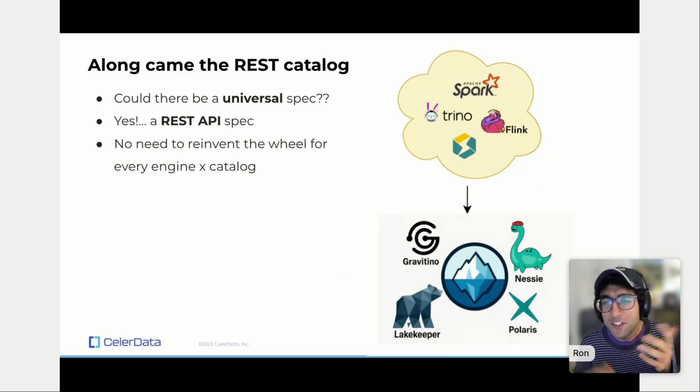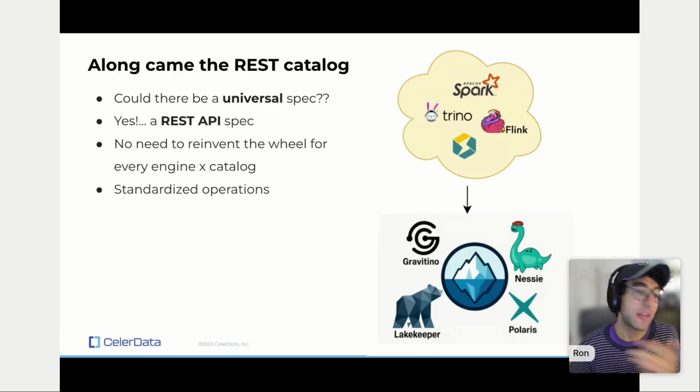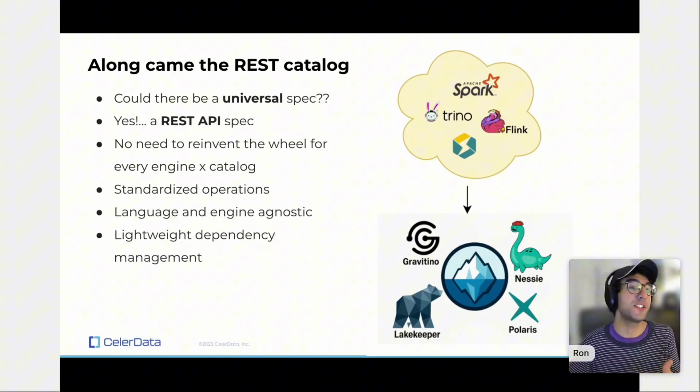So when you have an HTTP spec or an HTTP endpoint, you don't really need to reinvent the wheel for every engine and catalog. You have standardized operations, it's language and engine agnostic, and you have very, very lightweight dependency management. You don't have to start injecting crazy code into the Apache Iceberg repository, and you don't need to bloat your code base unnecessarily. You just have this HTTP spec, and you're kind of done, right?